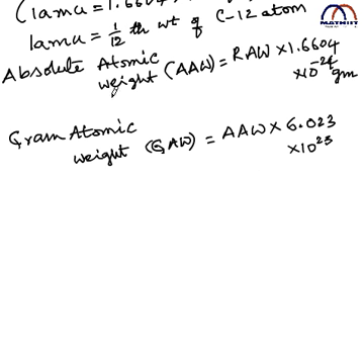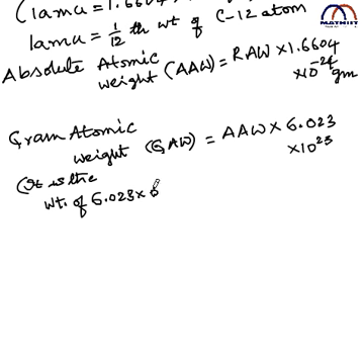Absolute atomic weight is the weight of one single atom in grams, whereas gram atomic weight is not the weight of a single atom. It is the weight of Avogadro number of atoms, 6.023 into 10 to the power of 23 atoms, expressed in grams.